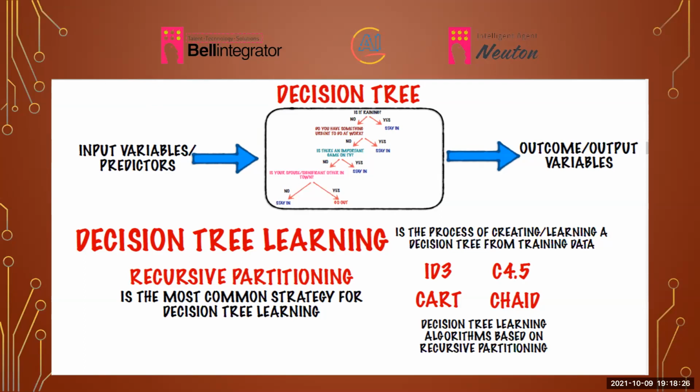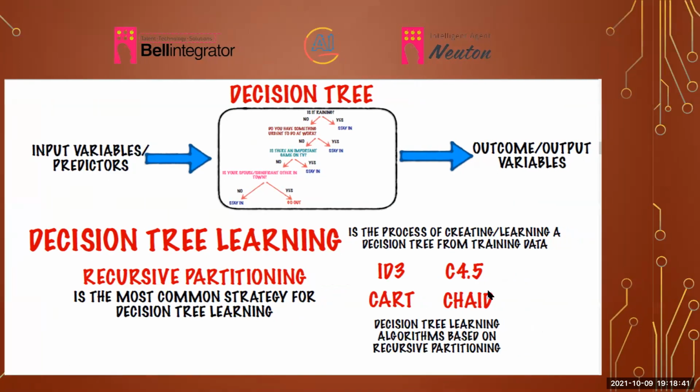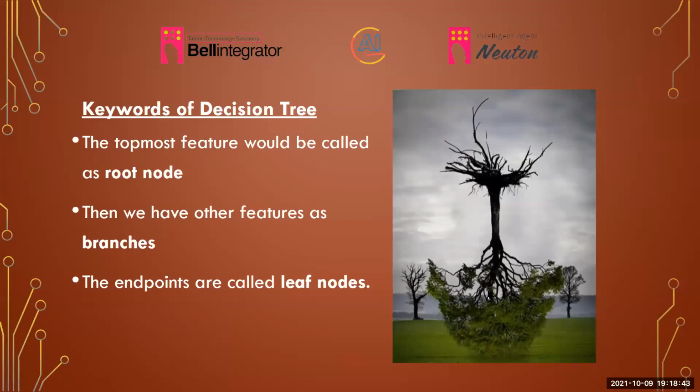So till now, we understood the pros and cons of decision trees, how we form a decision tree, and how the splitting is done. And now there are some keywords in decision trees that you should be aware of before getting your hands dirty with decision tree algorithms further. If you can see, I have put a picture of a tree upside down.